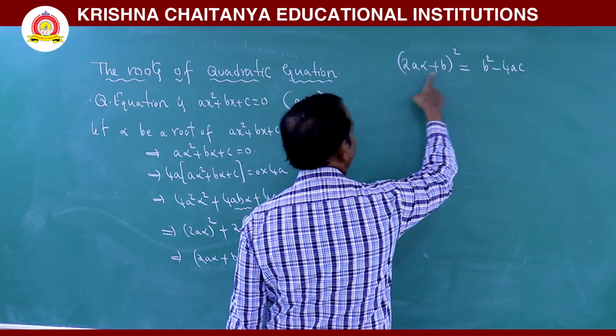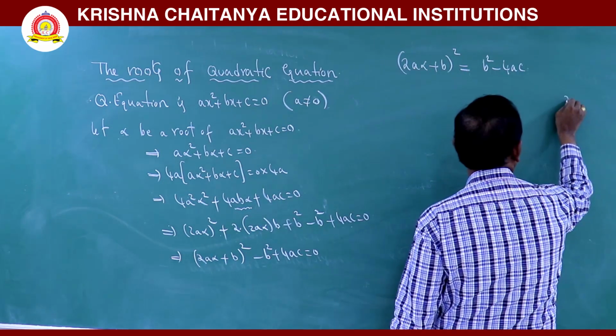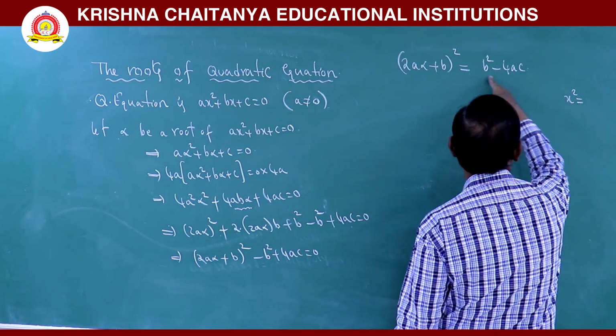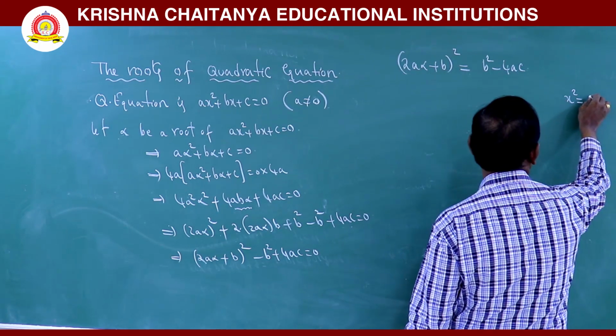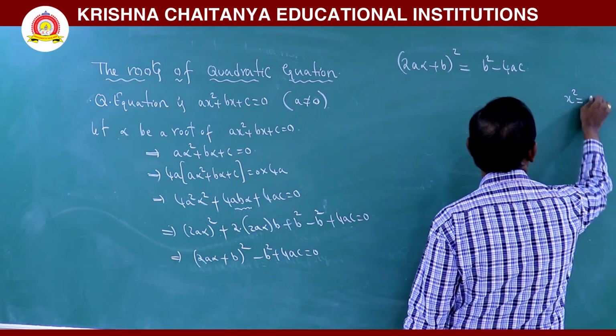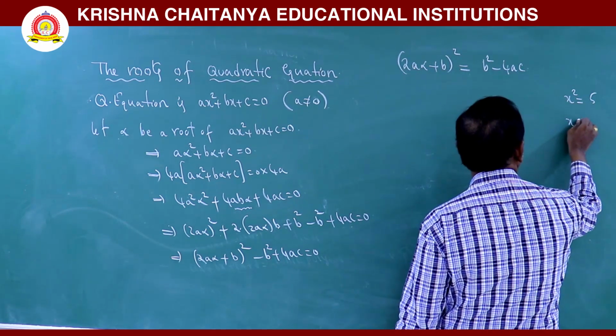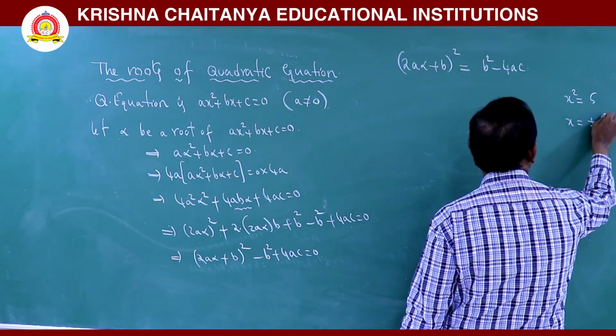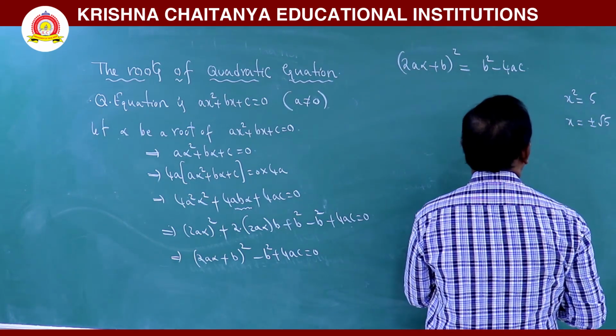Now it is in the form x square is equal to some constant, for example x square is equal to 5. Then what is x? x is nothing but plus or minus root 5.